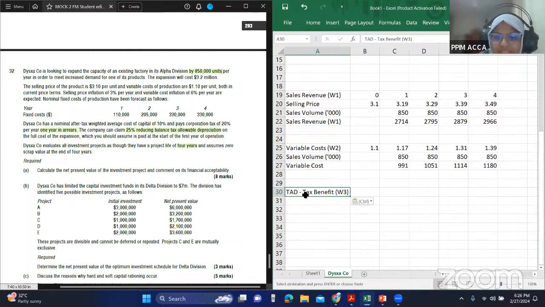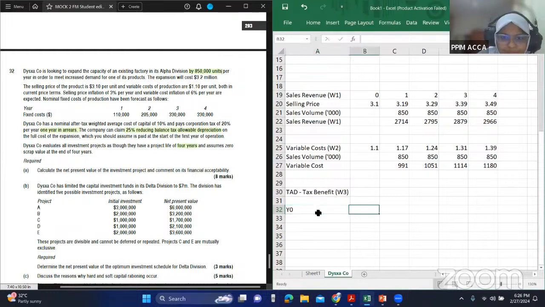Tax benefit. So this is how you will do a tax allowable depreciation calculation if it is a reducing balance basis. So how we start is, we start with year 0. In year 0, we have an investment. Okay, so let me type it here since there is space. There is an investment.